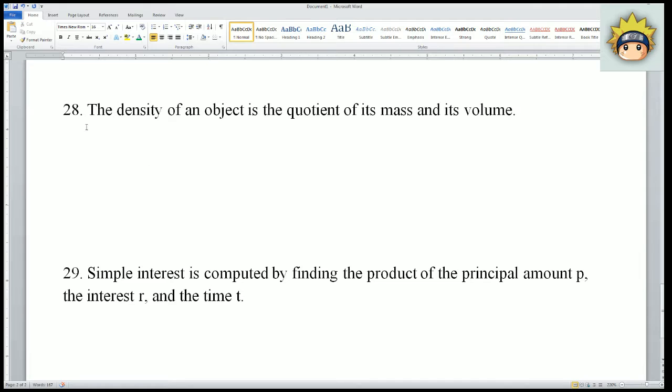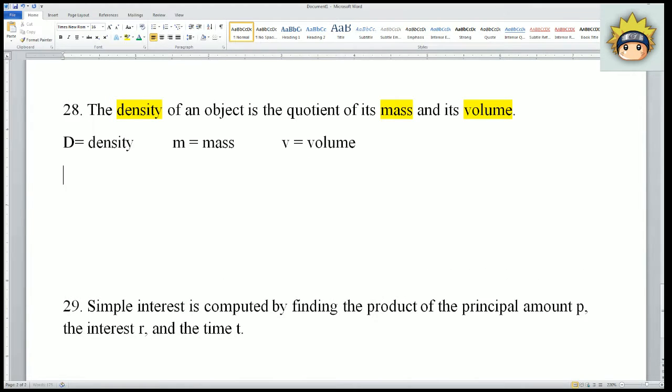28. The density of an object is the quotient of its mass and its volume. This seems like the first noun, density, mass, and volume. So D equals density, M equals mass, and V equals volume.